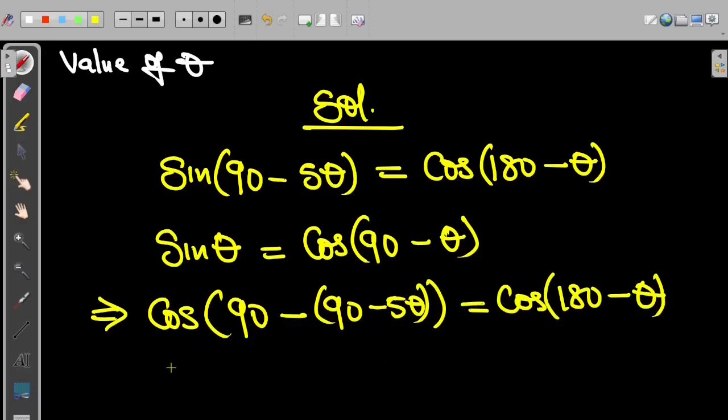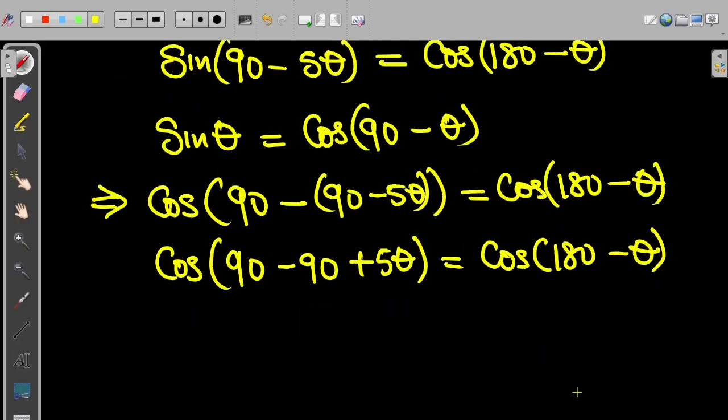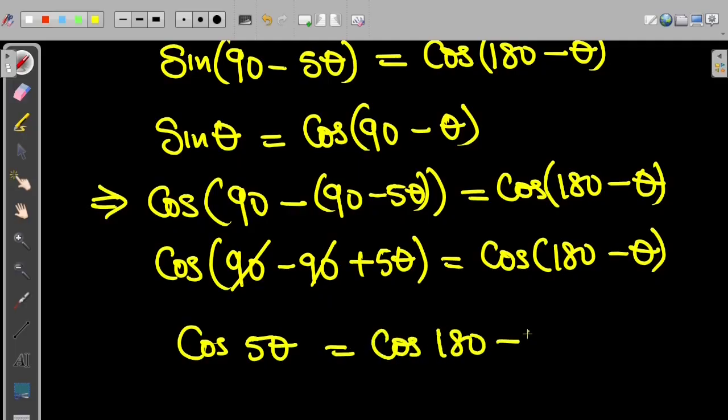So at the left hand side we can have that cos 90 minus times 90 is minus 90, minus times minus 5 theta is plus 5 theta, equal to cos 180 minus theta. So at the left hand side 90 can go. We have that cos 5 theta is equal to cos 180 minus theta.